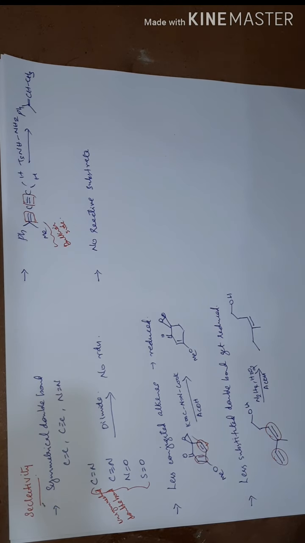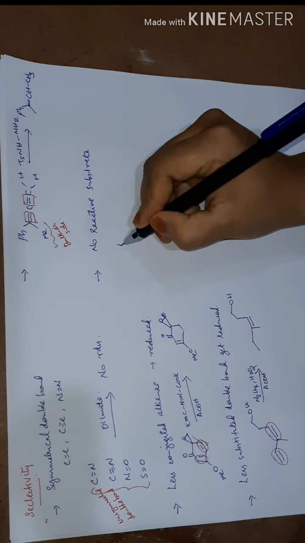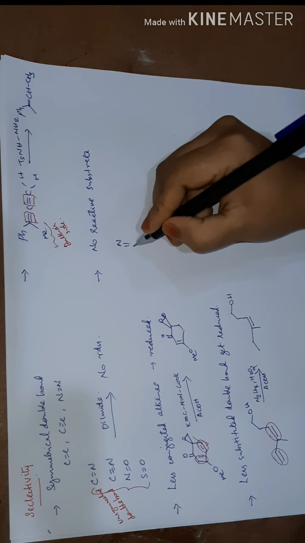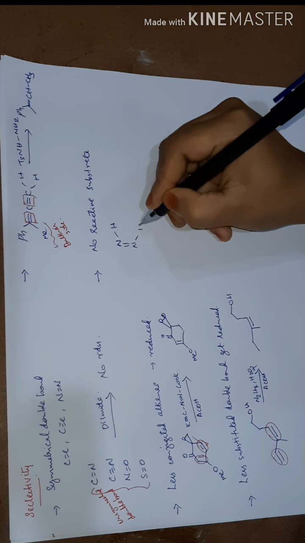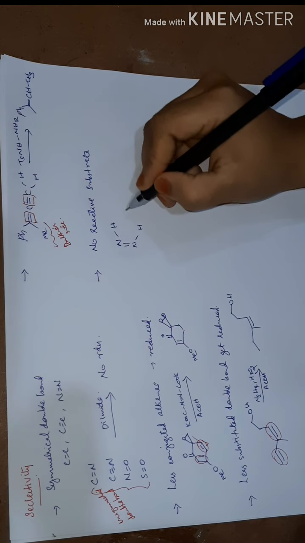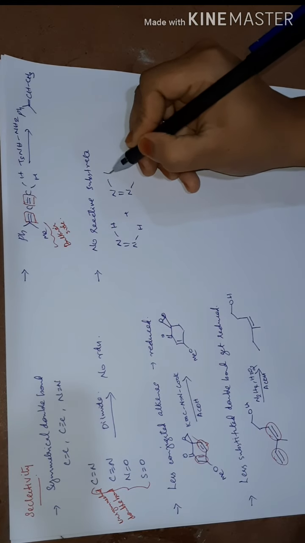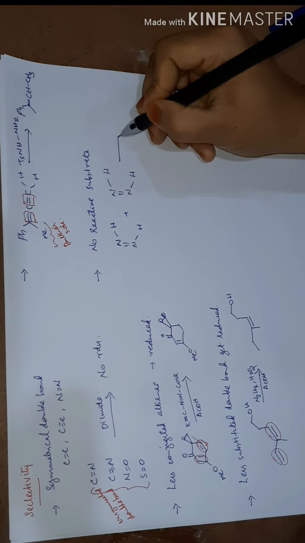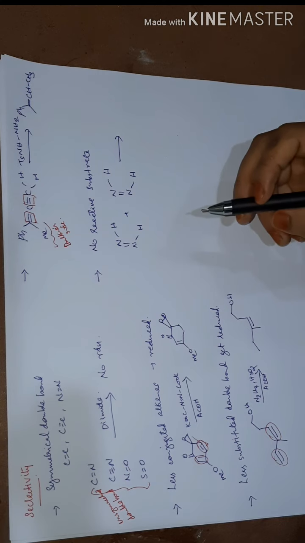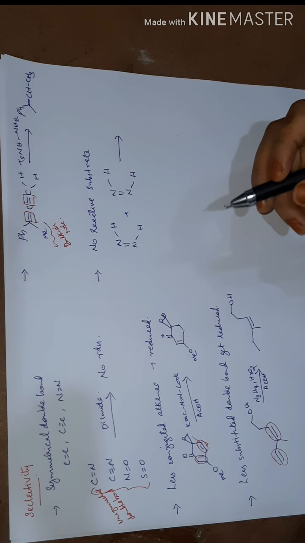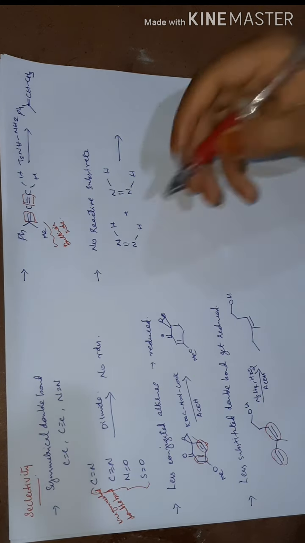That is, this reduction process can be represented as one molecule of diimide reacting with another molecule of diimide to produce a nitrogen molecule and hydrazine. Here the bond shifting can be represented like this.